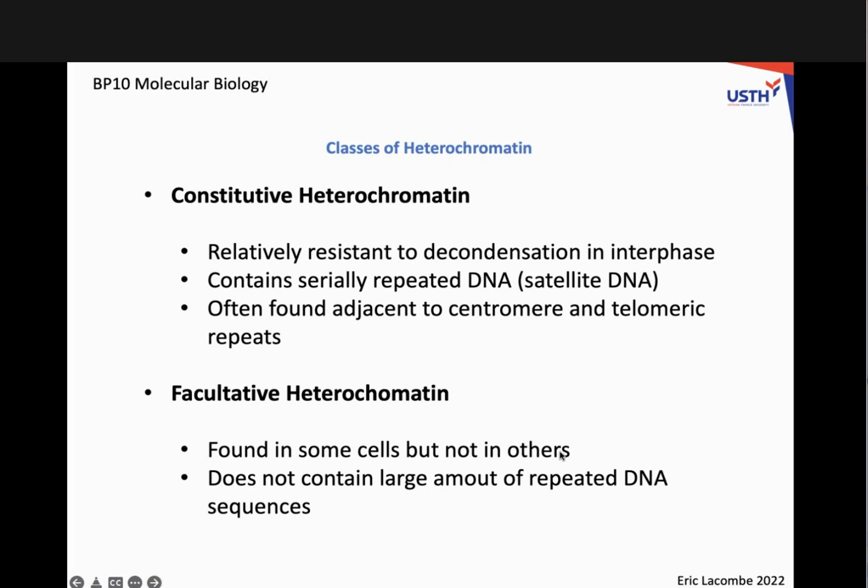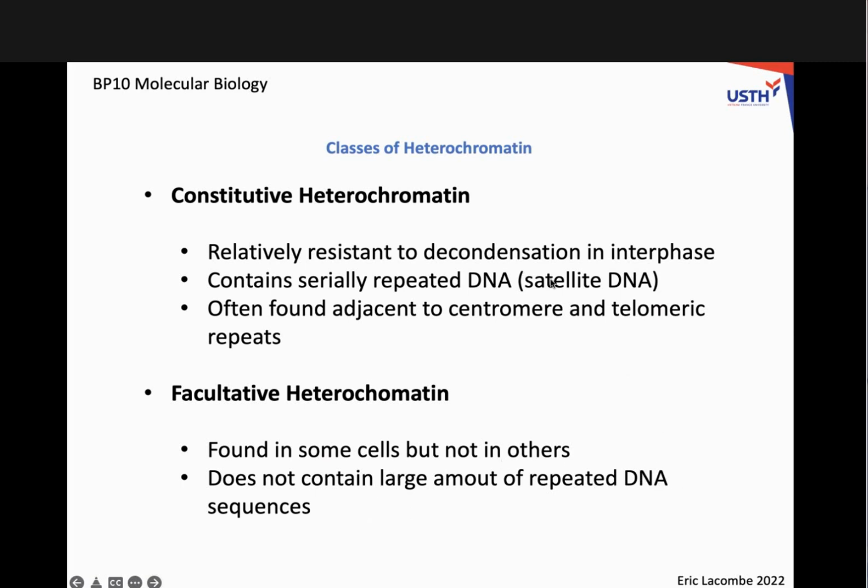So it means that in one body, depending on the organ, you can have some cells that have some specific locus that is completely condensed, heterochromatin, and other cells where that locus can be decondensed. So it's completely reversible, and what we found in this facultative heterochromatin is that it does not contain a lot of repeated DNA.